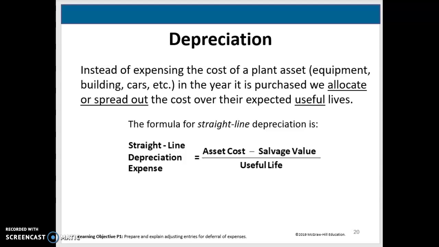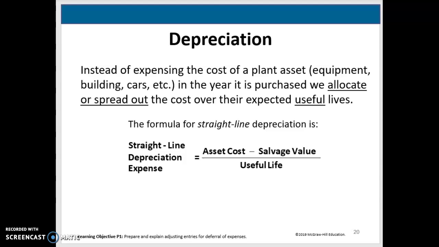So they're called plant assets. They provide benefits for more than one period, and some examples would be like a building, a car, machines, vehicles, fixtures in a store. And what we're going to do is expense that cost over the life of the asset, or over the useful life of the asset.